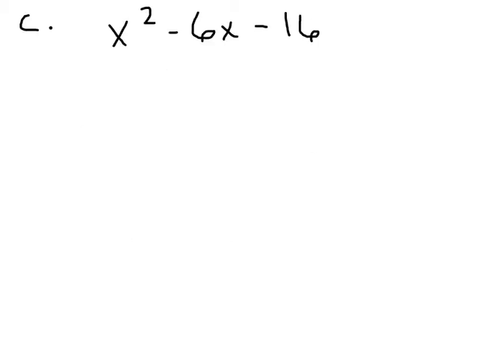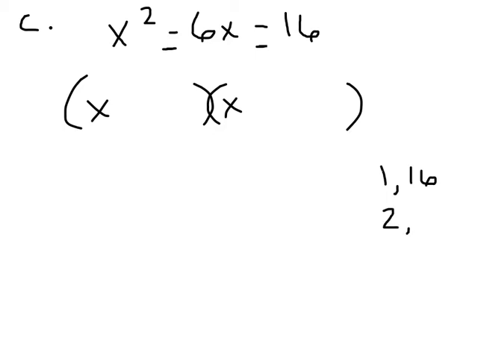Okay, and finally, x squared minus 6x minus 16, x and x. We've got negative here and negative here, so we're going to have to be really careful with our signs. The factors of 16 are 1 and 16, 2 and 8, 4 and 4.